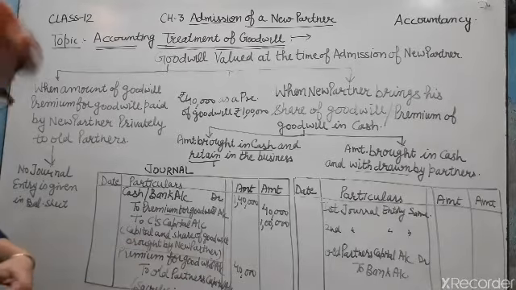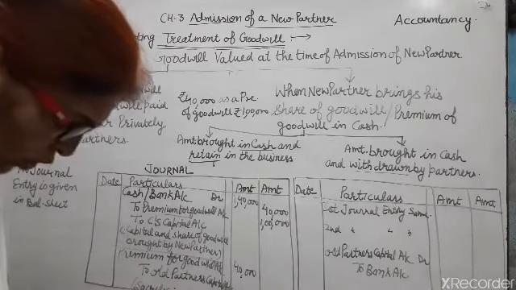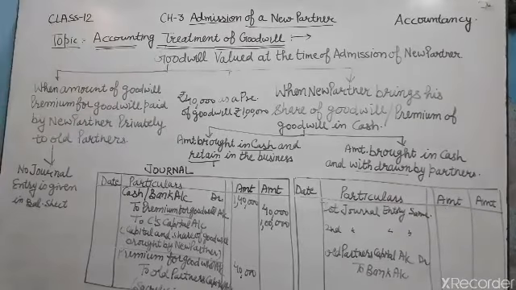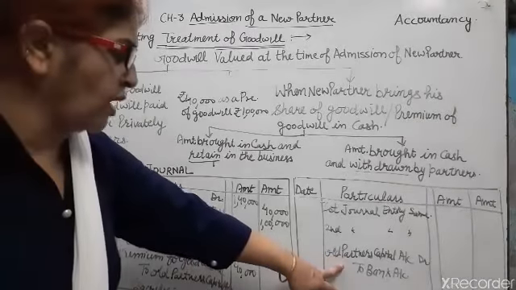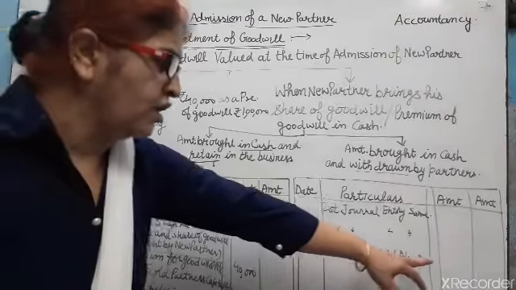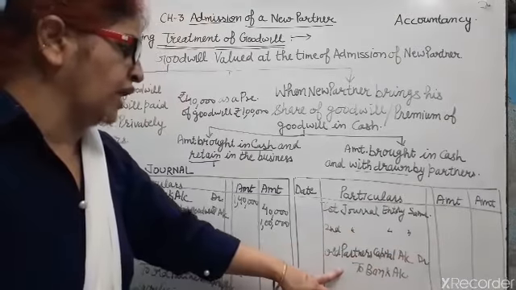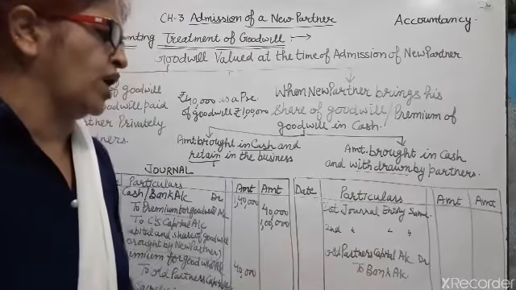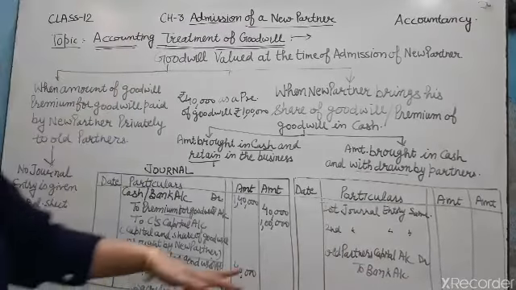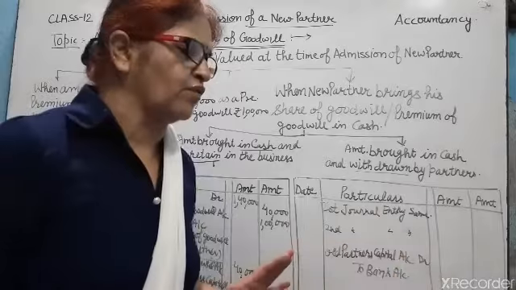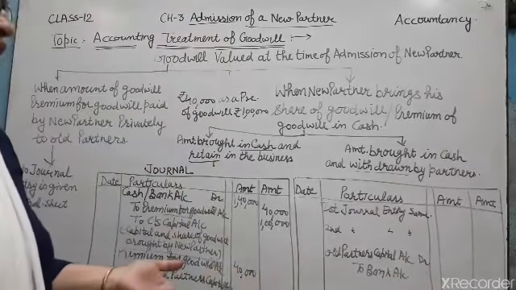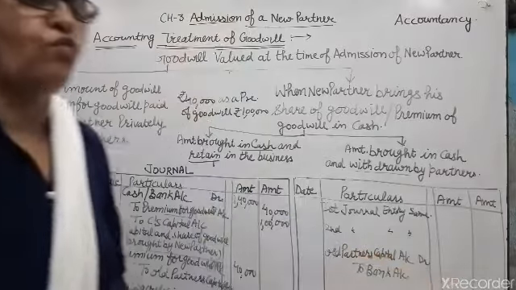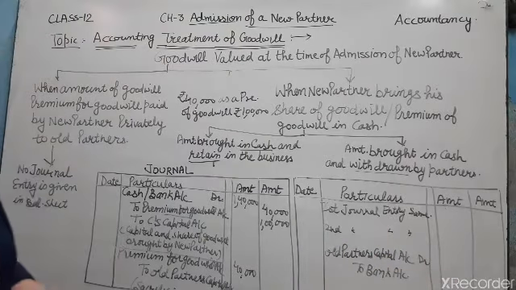The old partners' capital accounts are debited and cash or bank is credited. If they withdraw the full amount, we make the entry with the full amount, and when the sacrificing partner withdraws only 50%, we make this entry with 50%, and when they withdraw 1/4 part, then we write the 1/4 amount.